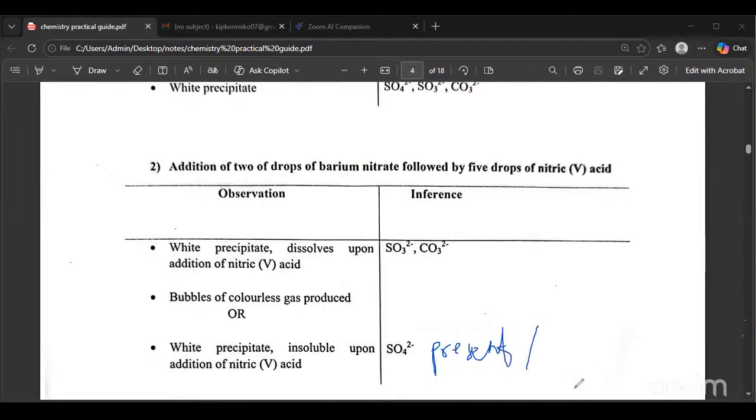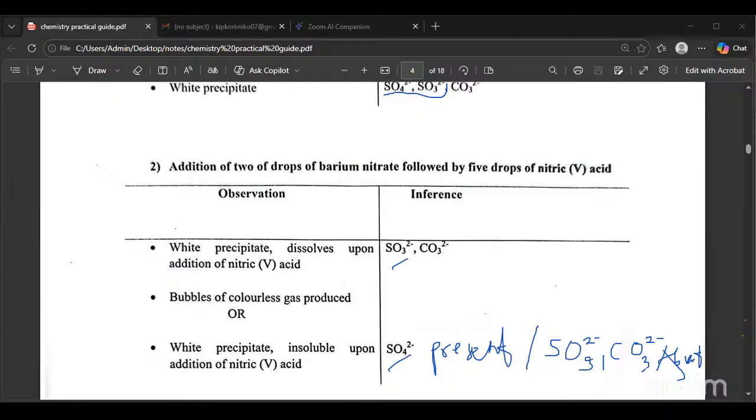So you can write that and say it is the sulfite, and then you also say this carbonate, by the way, but mostly, if you forget the carbonate, don't forget the sulfate and sulfite, because those two are the major ones that we are testing here. So you can say these two we wrote above are absent.